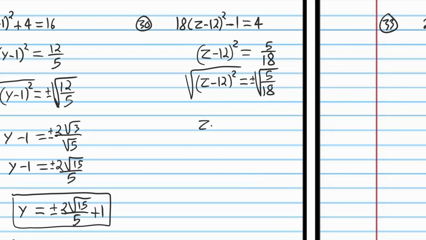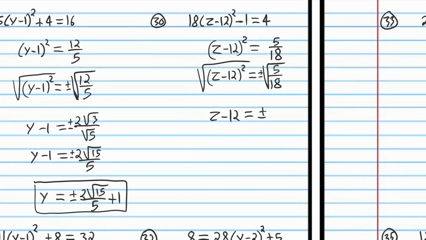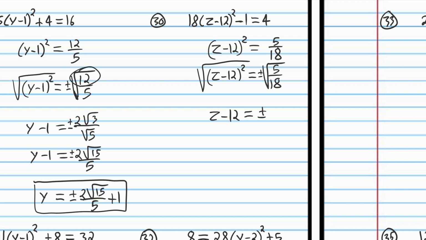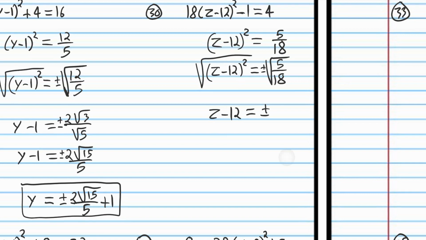And we have z minus 12 is equal to plus or minus. And now we have to pull out a perfect square in the denominator. Here we had a perfect square factor in the numerator, but here we have a perfect square factor in the denominator. So this becomes 9 times 2, and pull out the 9 as a 3.